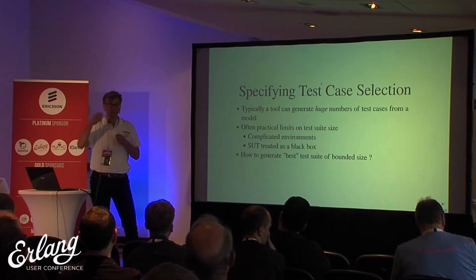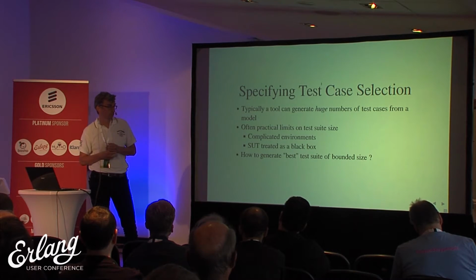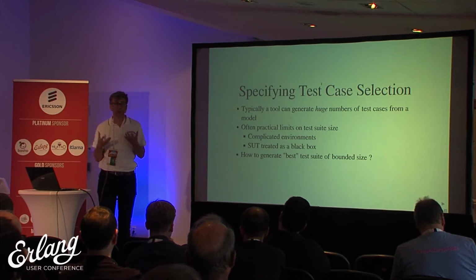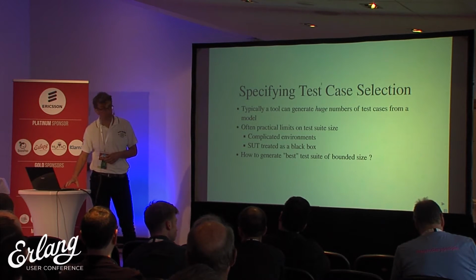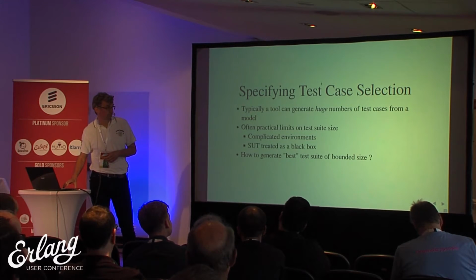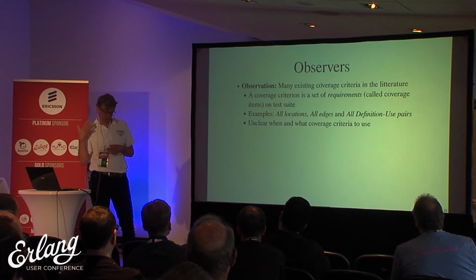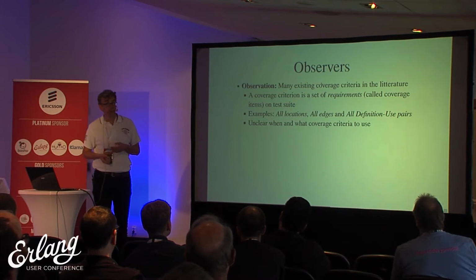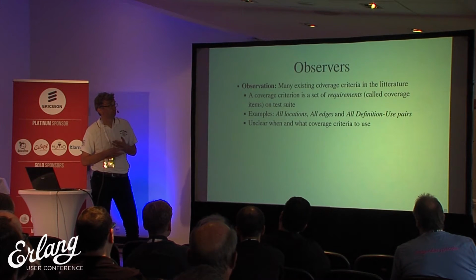You may have latencies, you may have timeouts when actually testing these systems. So the problem is how to generate the best test suite with a bounded size. Well, a solution here is to use these observers.